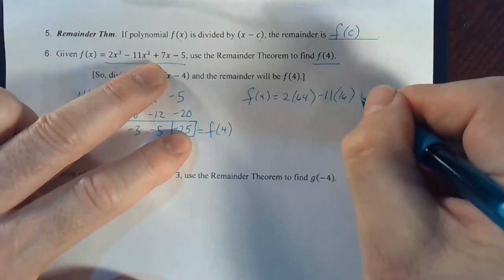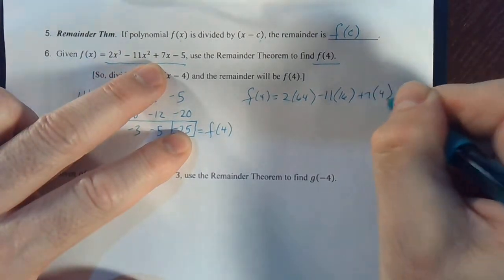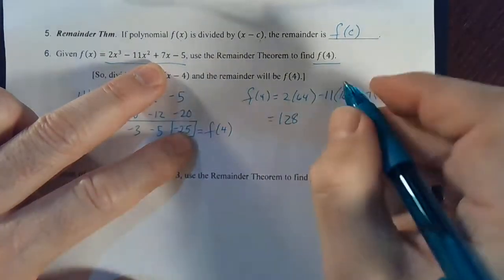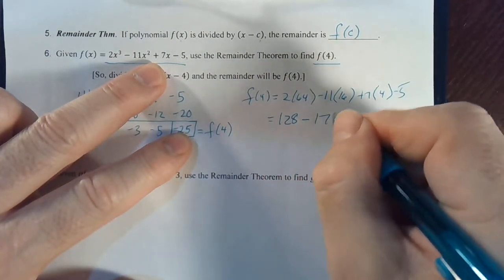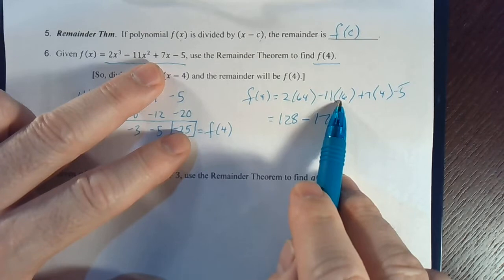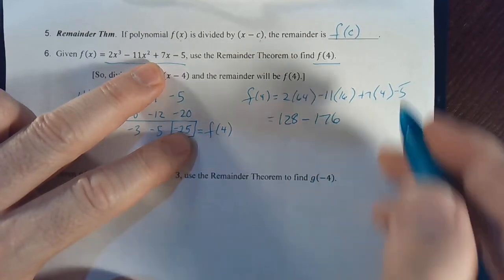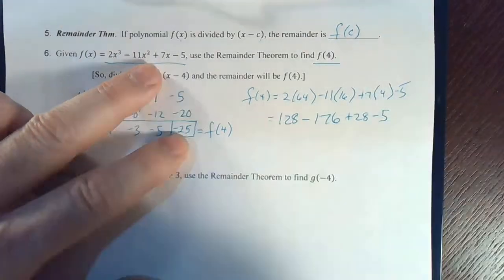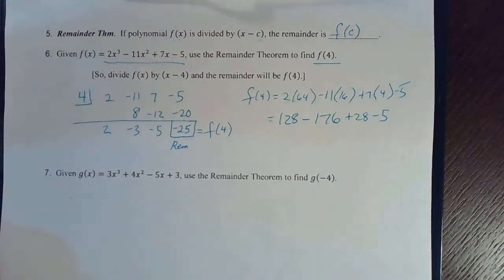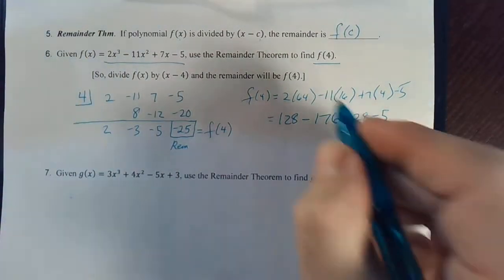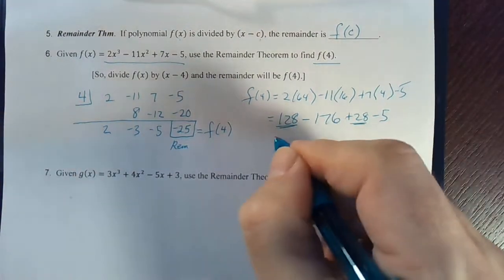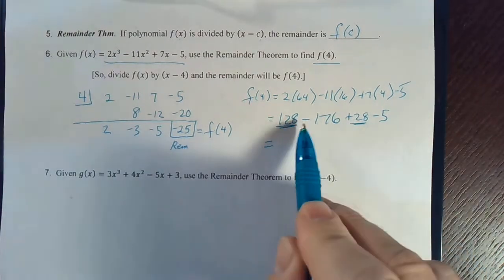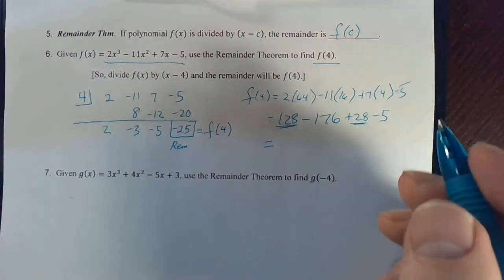Plus 7 times 4 minus 5. So that's 128 minus 176, because 11 times 16 is 176, plus 28 minus 5. So let's see what we get when we add the positives. 128 and 28 would be 156.